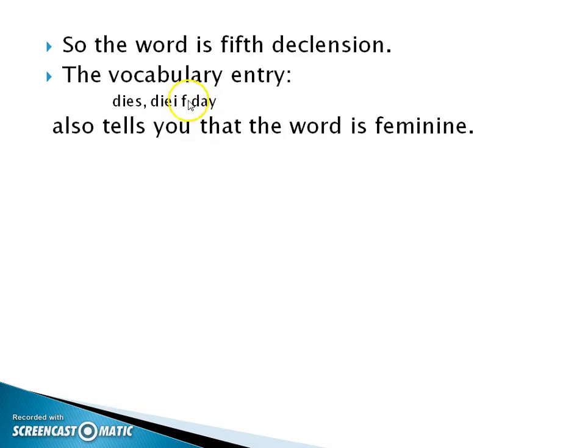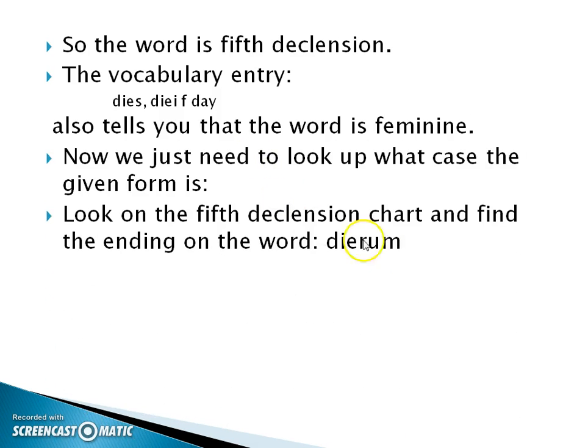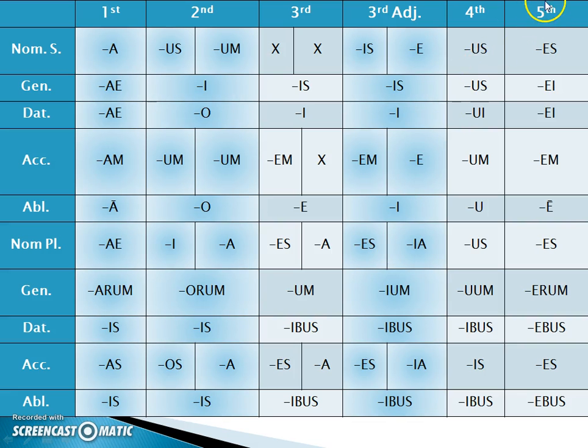We know that the word is feminine because our vocab entry tells us that. So all we have to do is look up what form dierum is. We look on our fifth declension chart and go down until we find erum, and we see that we are in the genitive plural part of this chart. So our answer is genitive plural.